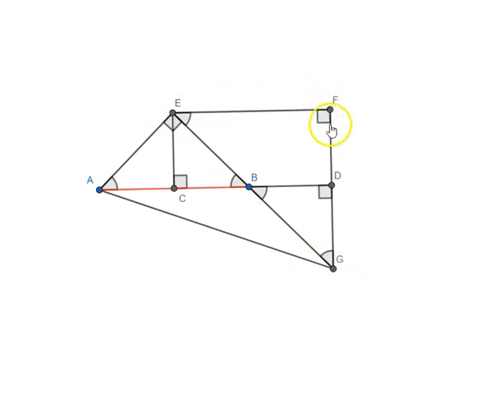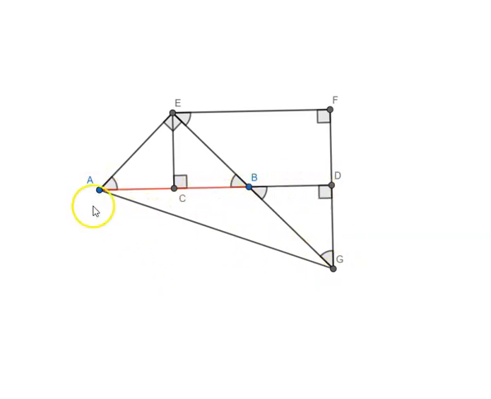This is 90 degree. These two angles are equal. Since these two sides are equal, EF is equal to FG. So we can say EG square is equal to 2 times EF square. But EF is equal to CD. So we can say EG square is equal to 2 times CD square.